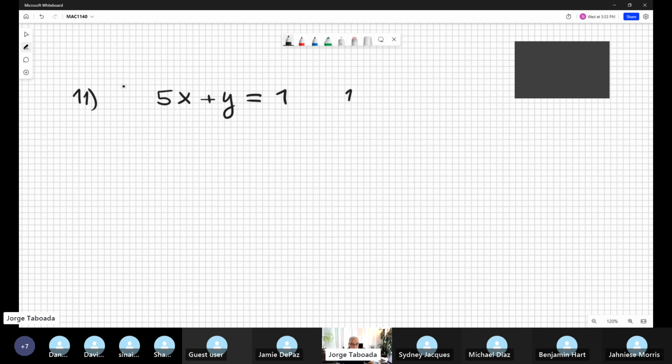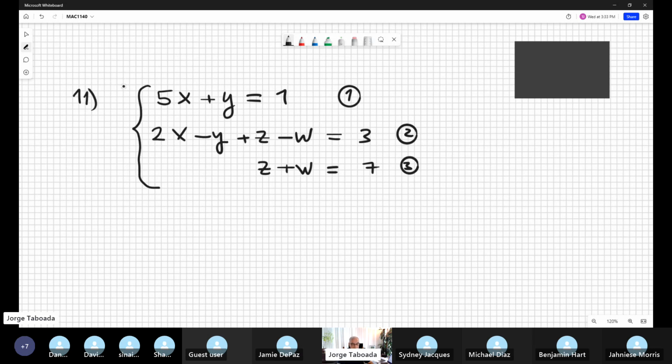This is my equation 1. 2x minus y plus z minus w equals 3. Equation 2. z plus w equals 7. Equation 3. Wow, what is that? I don't understand very well.